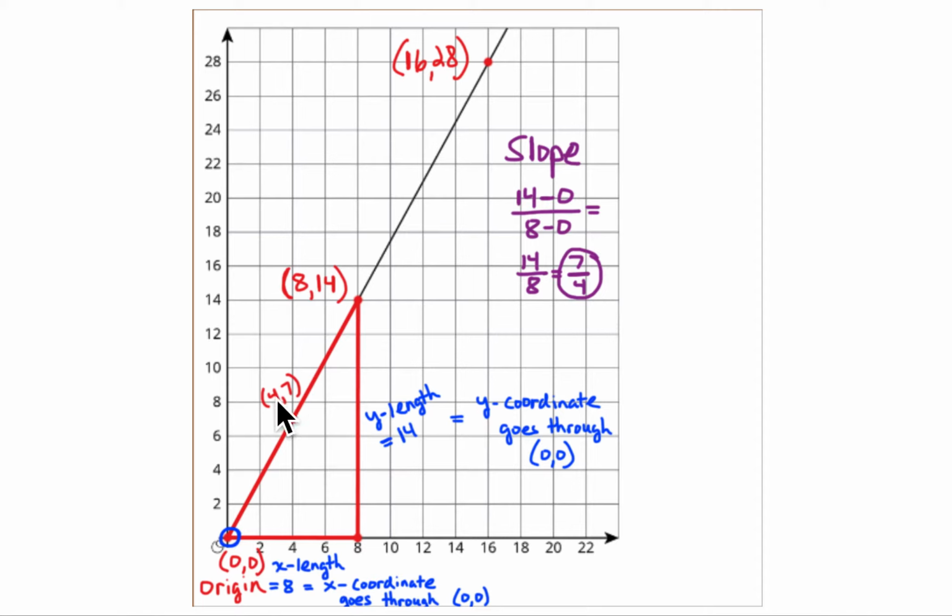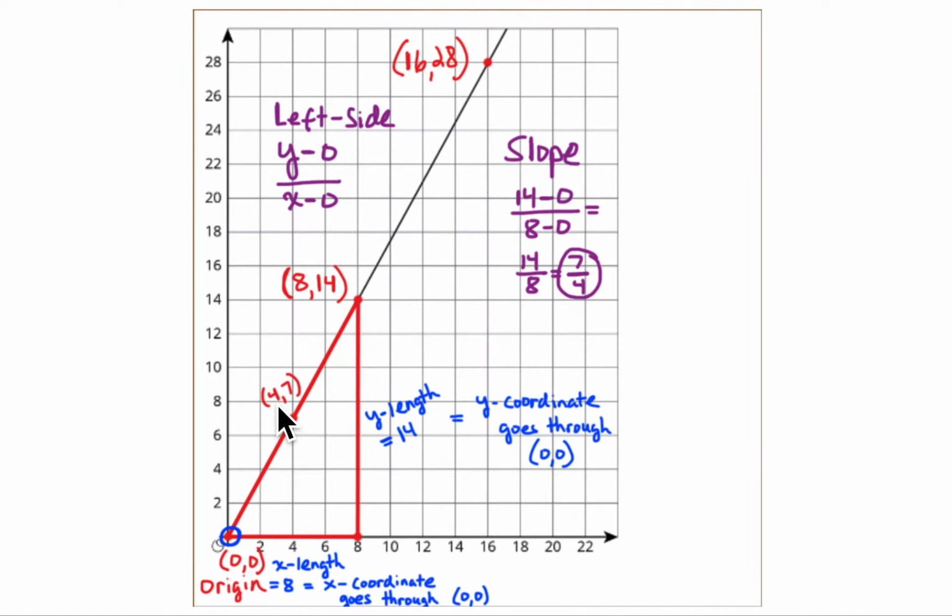So you can take any of these coordinates, and all you have to do is write the y-coordinate over the x-coordinate. And again, can't say this enough, because it goes through (0, 0), that is the slope. The ratio of y to x equals the slope. So 28 to 16, 14 to 8, 7 to 4, those are all equivalent ratios.